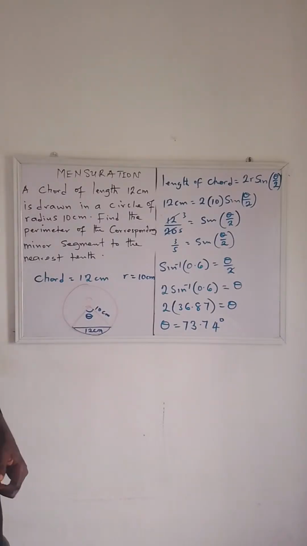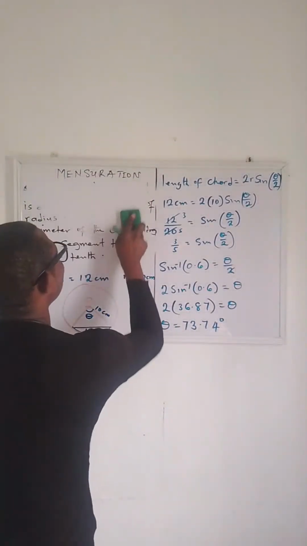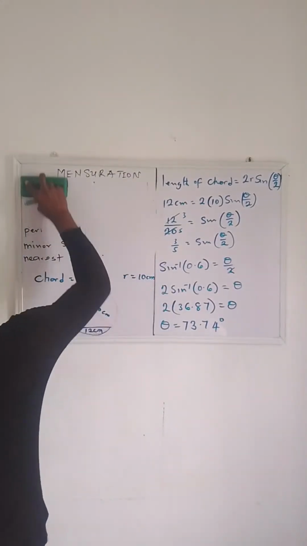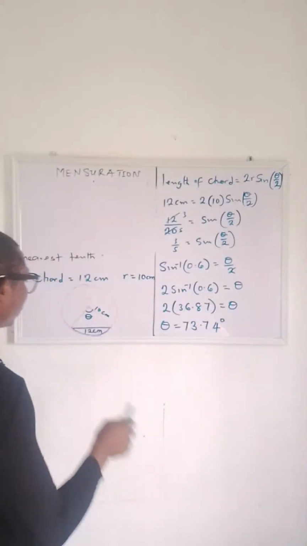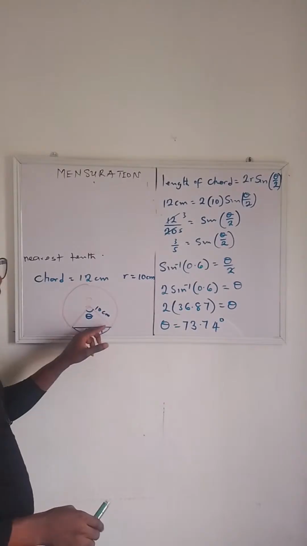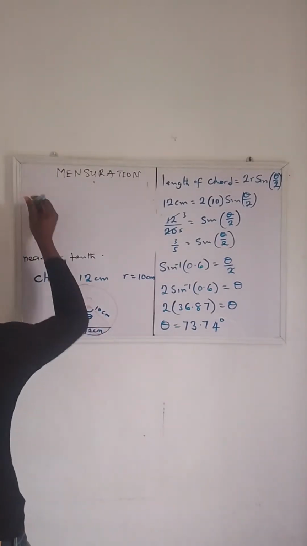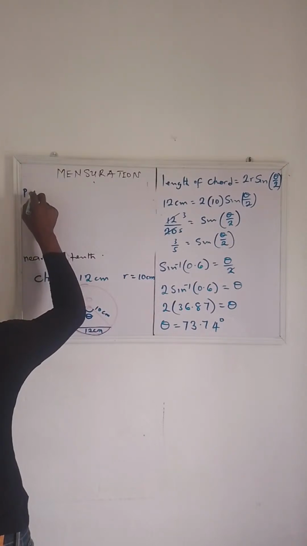Okay, so now let's find the perimeter. Perimeter of a segment is length of chord plus the length of arc. So we now say, okay, perimeter of segment.